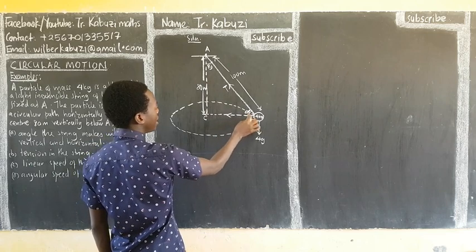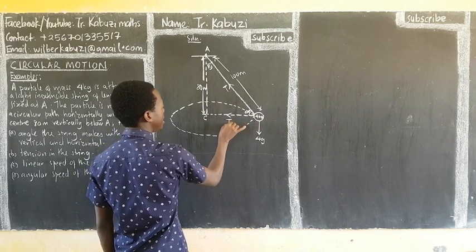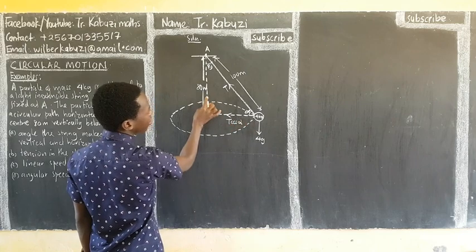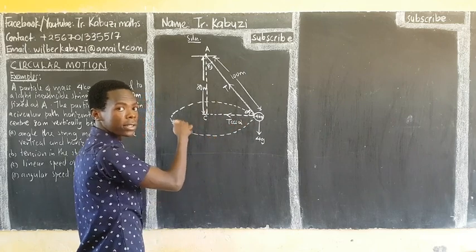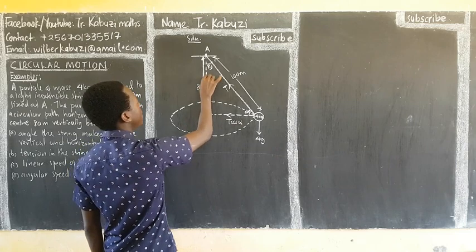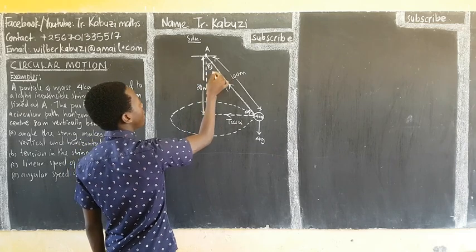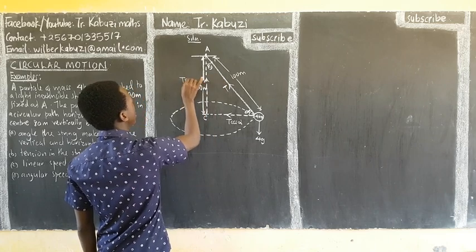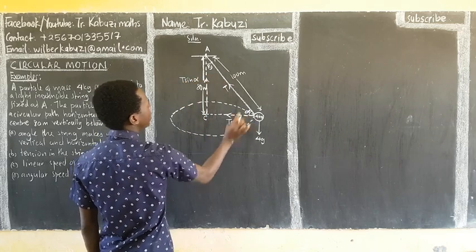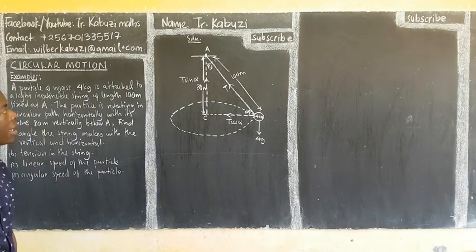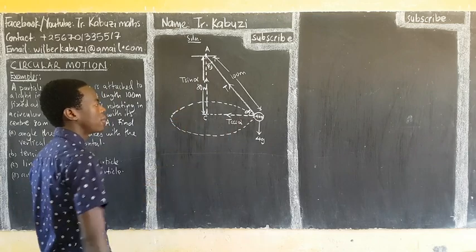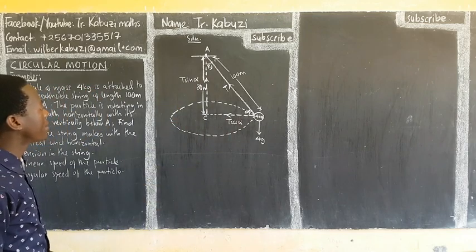This one, because this is adjacent, is going to be T cos alpha, since adjacent goes with cos. Then this one is opposite, and from SOH CAH TOA, opposite goes with sine. So this side is T sin alpha. I'm basing on this angle alpha. You can also base on theta. It's up to you. Everything is going to give you the same answer.